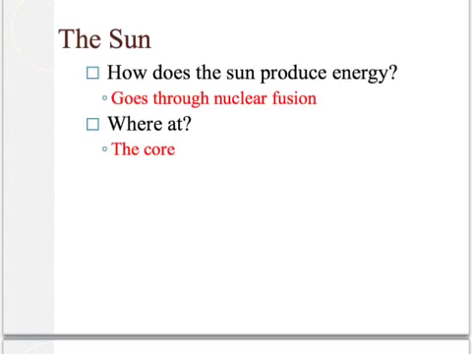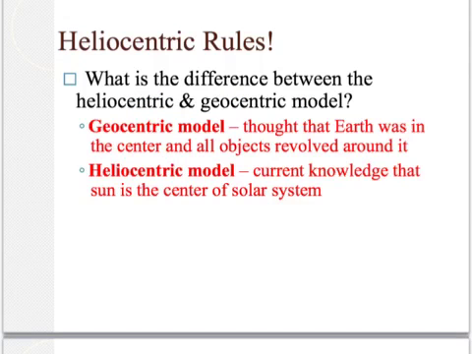The sun. How does the sun produce energy? It goes through nuclear fusion, and that is a vocab word in the back of your notebook. Where at? That takes place at the core. And then our last box here. What is the difference between the heliocentric and geocentric models? Geo, we've talked about geo, talk about using prefixes, and we've got centric in the middle.